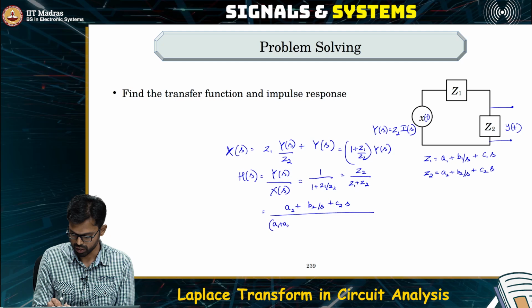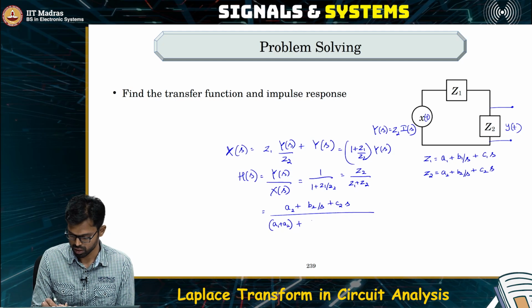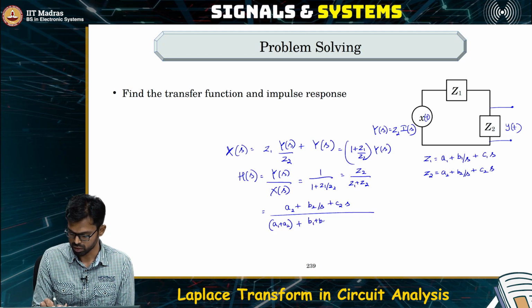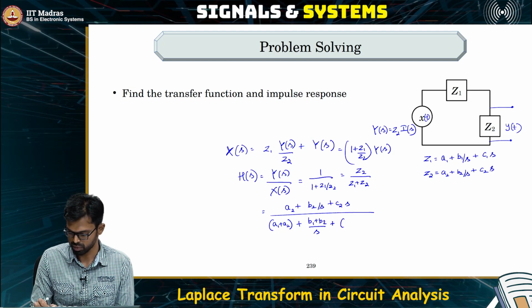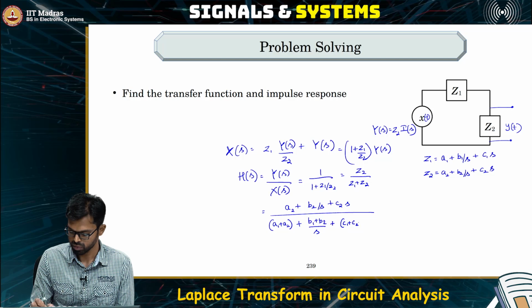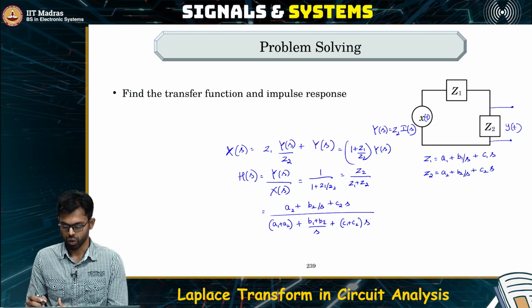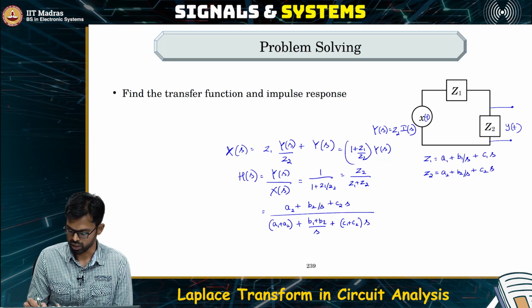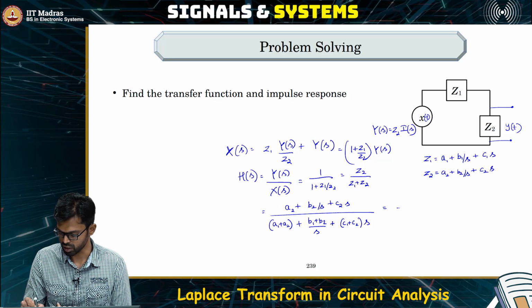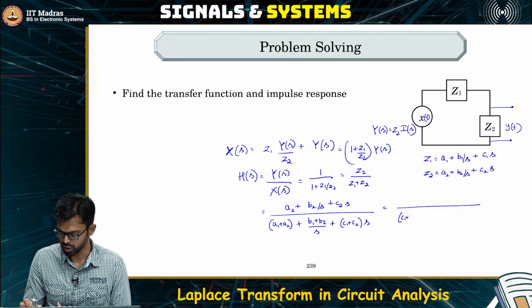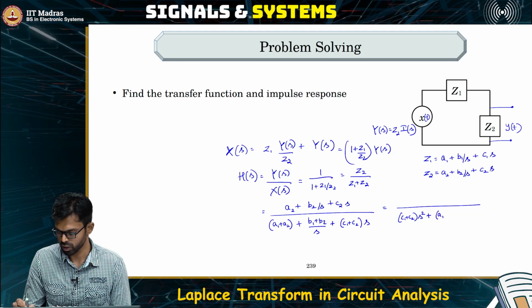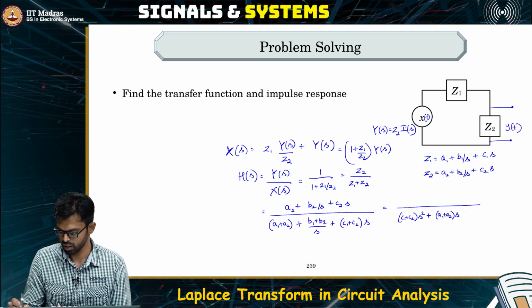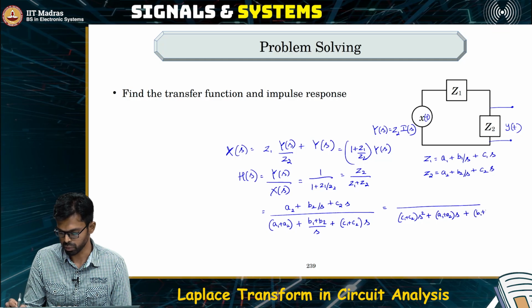A1 plus A2 plus B1 plus B2 divided by S plus, or in other words, you can just simplify this equation as C1 plus C2 S square plus A1 plus A2 S plus B1 plus B2.